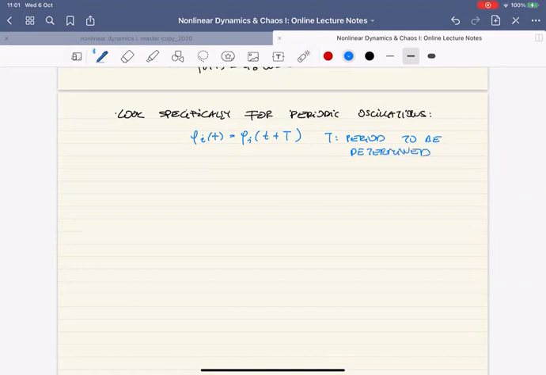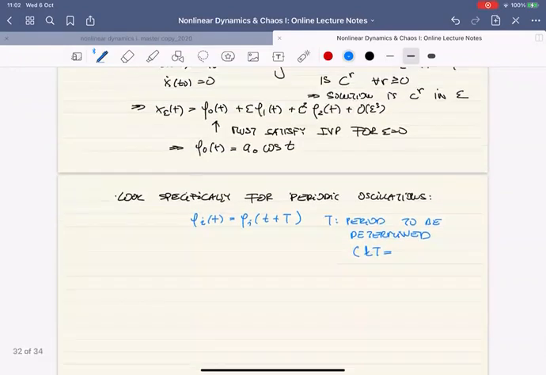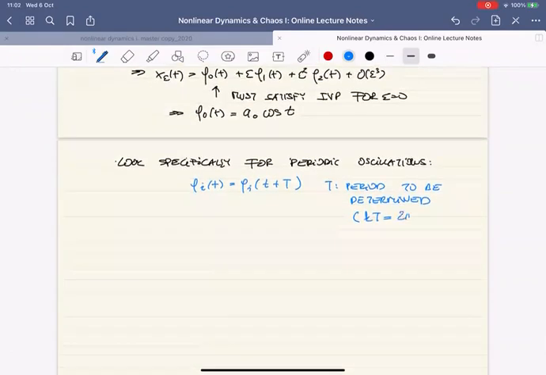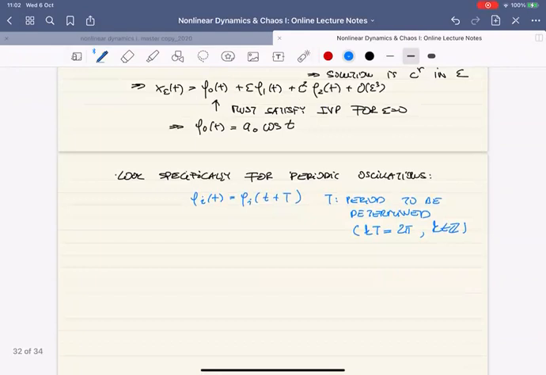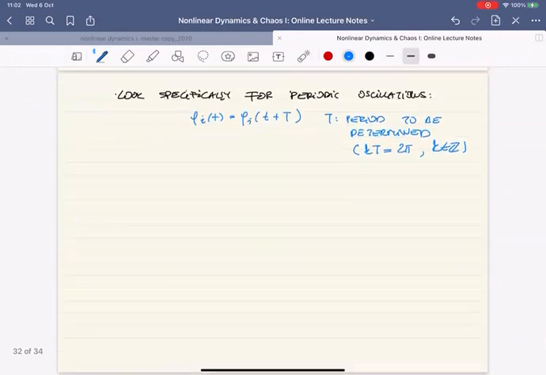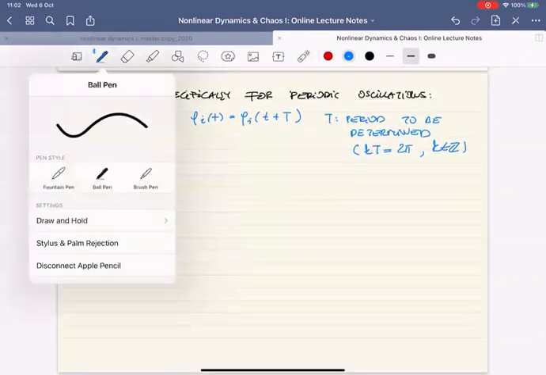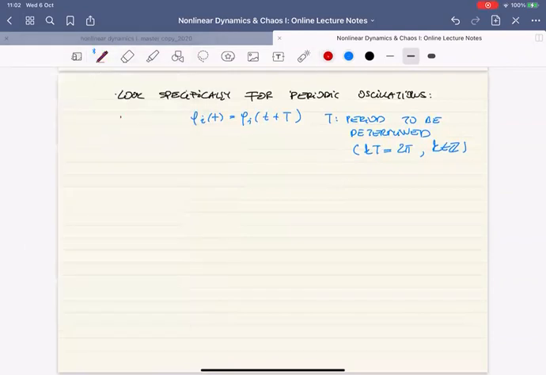What I know for sure is that some integer multiple of this T must be equal to my current period, which is 2 pi, because otherwise the full solution would not be periodic. Okay, so that's the only thing I'm going to assume. And then I take this.